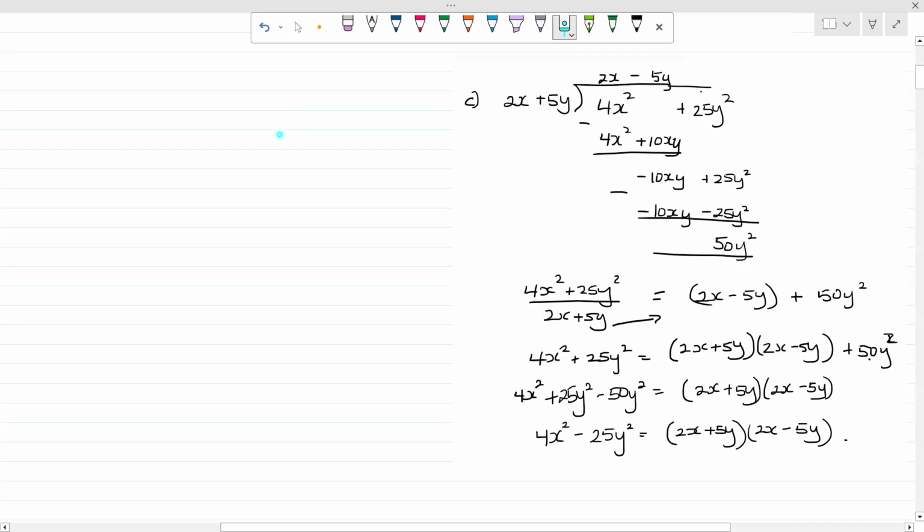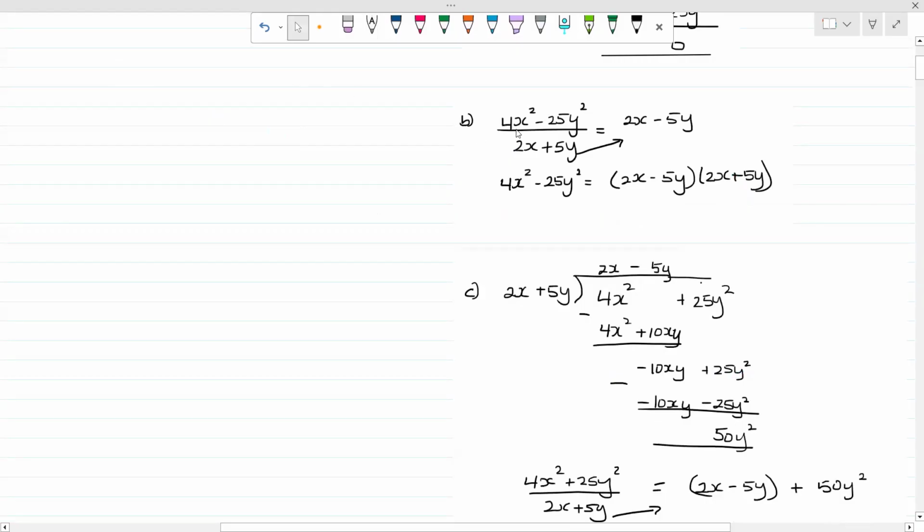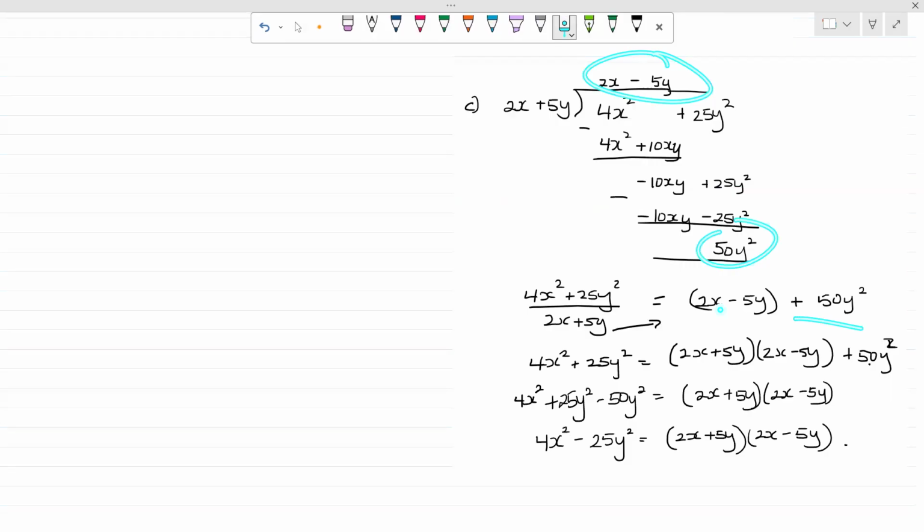That's the difference there. So just as we did before, if you look up here, when we divide the 4x squared minus 25y squared, we divided by 2x plus 5y. Here we're going to write the same thing. 4x squared plus 25y squared divided by 2x plus 5y is equal to my quotient plus the remainder. Yeah? Now we're going to move this across just as we did before. And we're going to get this.